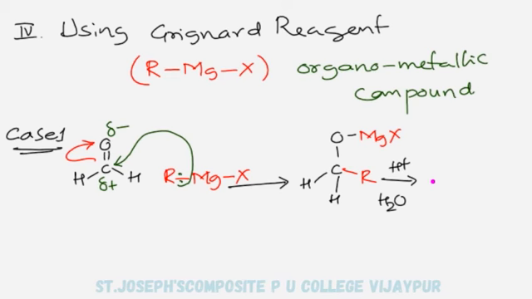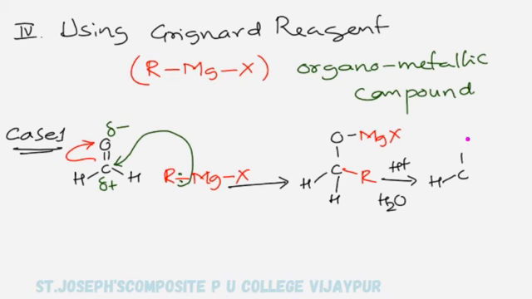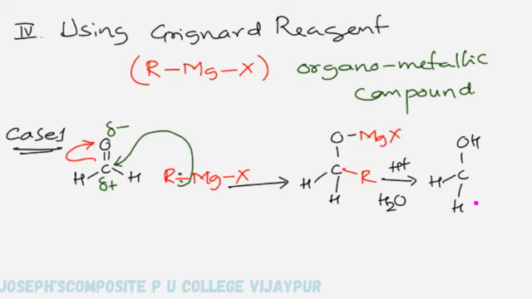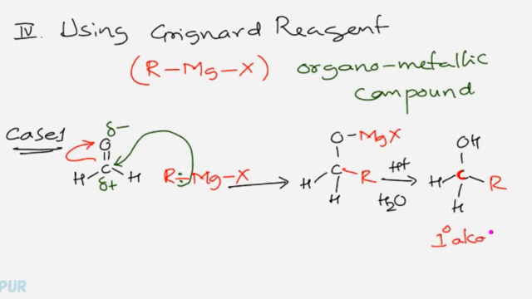So we get the product H, C, and here is OH, and here is H, and on this side we have R. And you can notice that this is a carbon which is directly connected with one alkyl group, and therefore we get a primary alcohol, and we used formaldehyde here. It means that formaldehyde always gives a primary alcohol.